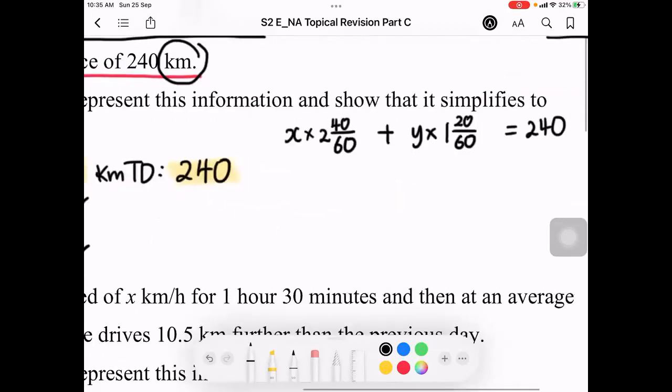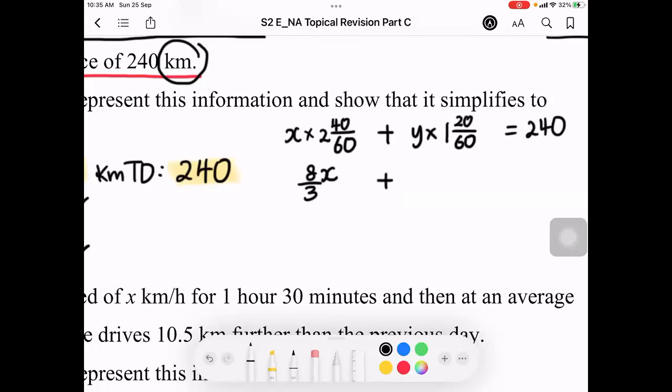This one will become 8 over 3 times x. Instead of writing the x in the middle, I should put it on the numerator. If they say multiply, the letter can go to the numerator, if not in the middle, but it cannot go to the denominator, because the denominator means divide already.